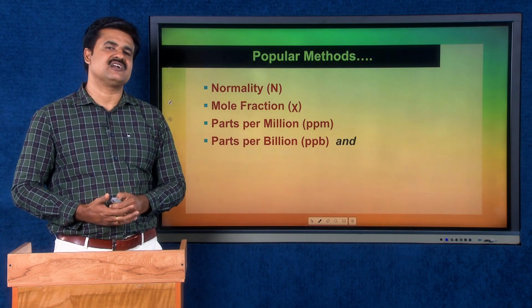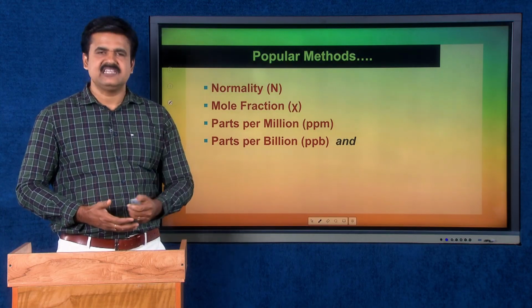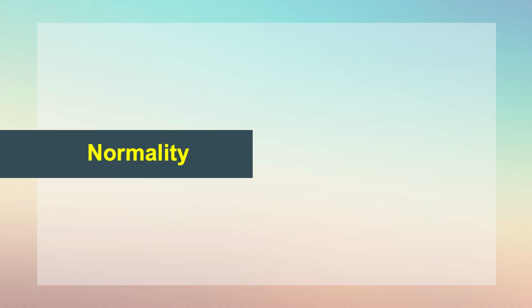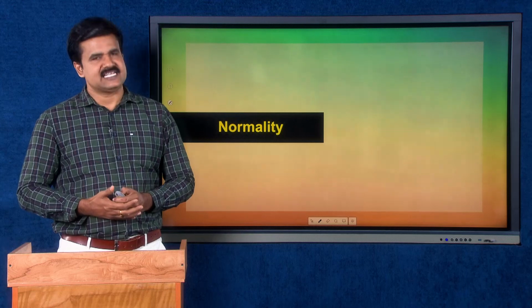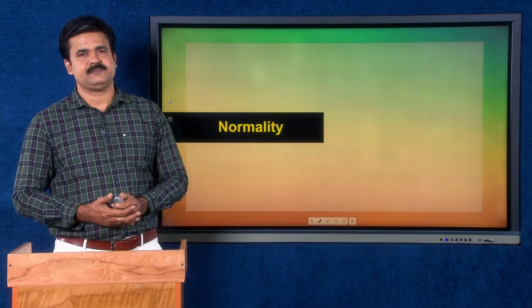Certain units we have covered in the first part, and in this module we are giving emphasis to normality, parts per million, parts per billion, etc. And first of all, we are considering normality.